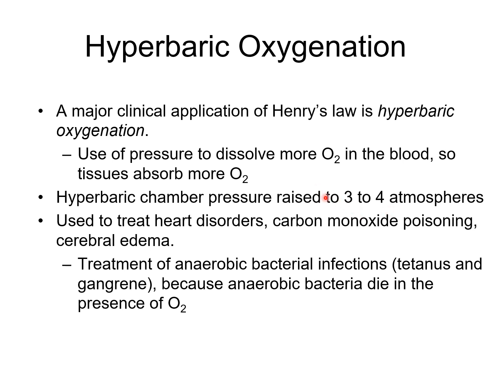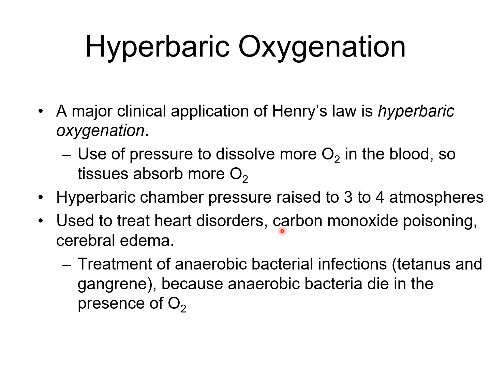This high oxygen pressure in the air inside this hyperbaric chamber will move even more oxygen into the blood. We are now raising the driving force. So oxygen here will move from a place of very high pressure to a place of low pressure inside the blood.